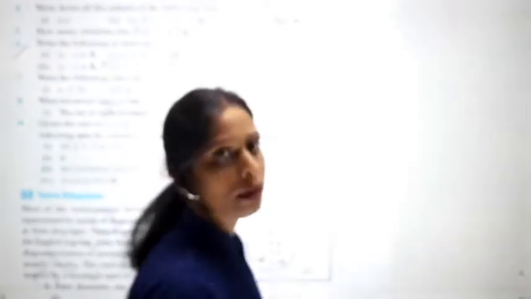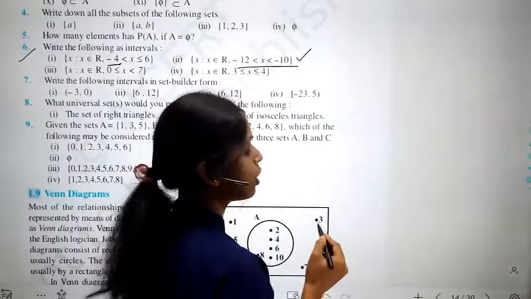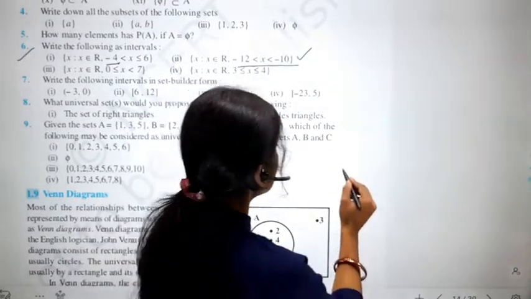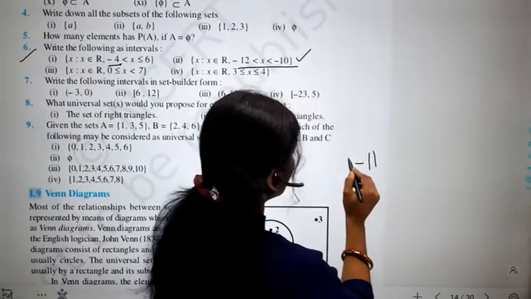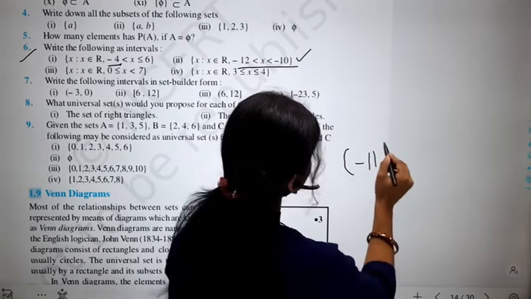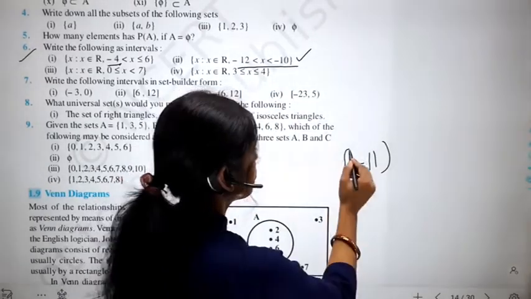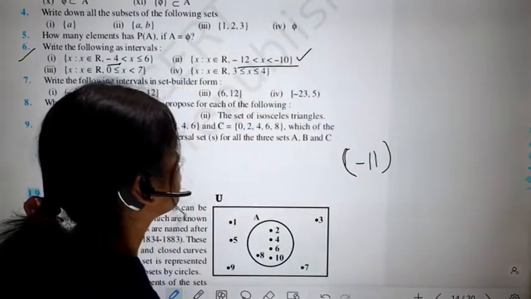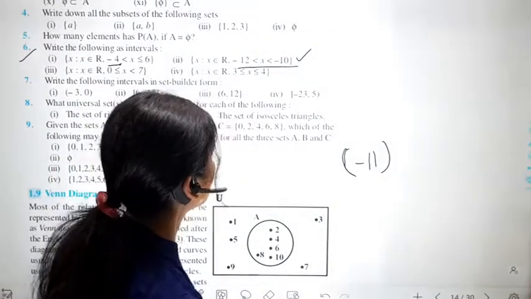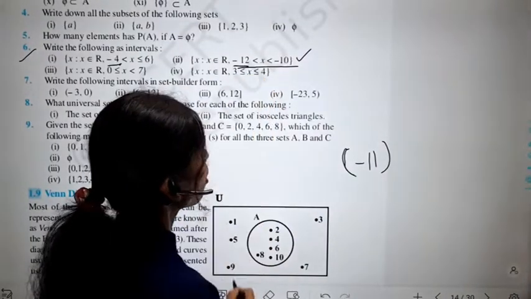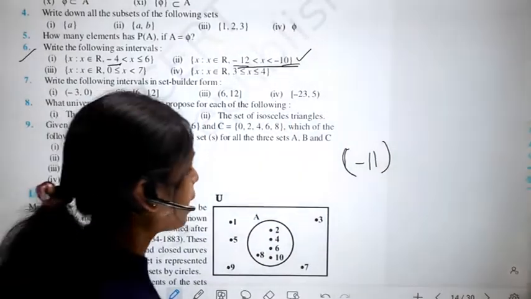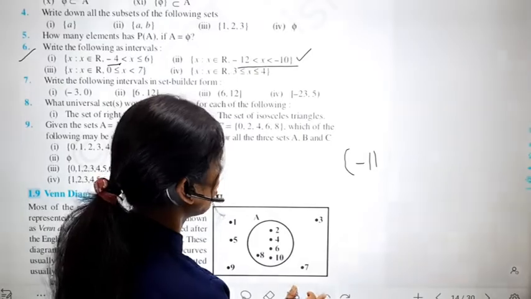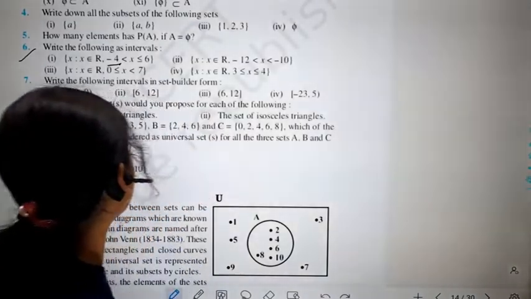That's why which reals will lie here? -11 only. Why? Because here -12 is also excluded and -10 is also excluded. Okay? I think that you have understood it very well.